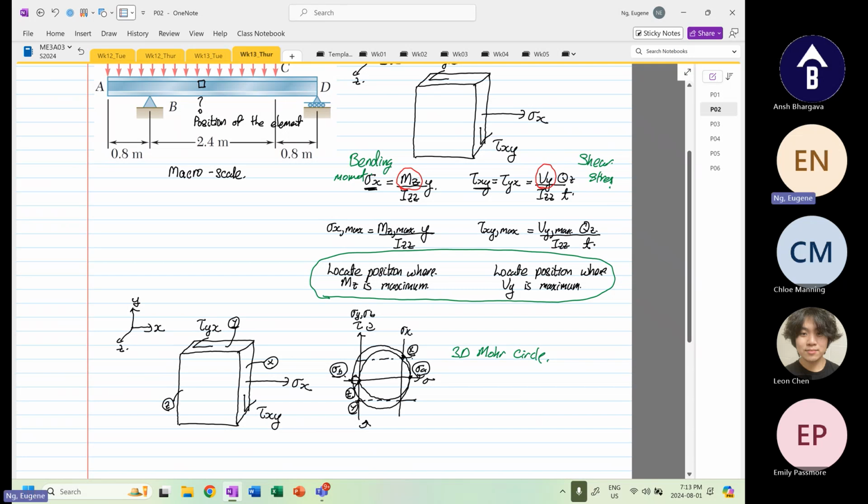Then to locate the position, right? It is based on shear force and bending moment diagram. So the prerequisite for this course is you have to know your shear force and bending moment diagram. If you have forgotten, not to worry.